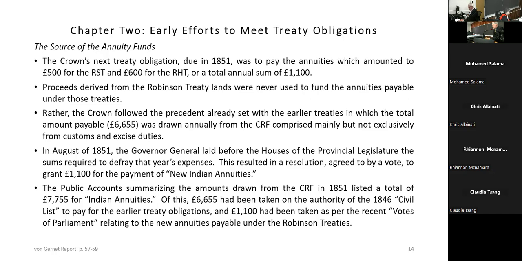So that's why you've got 600 for the RHT instead. There was an addition made as a consequence of that disparity. We're back to pounds now. Yes, so the £500 for the RST was the annual obligation, and the 600 for the RHT. So the total annual sum was always £1,100 per annum.